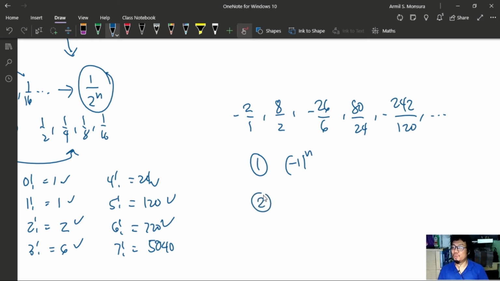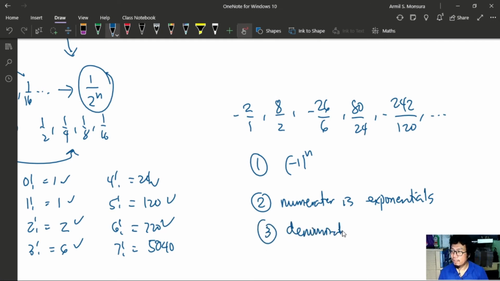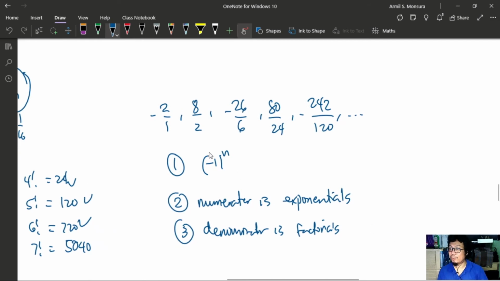Number two, the numerator is a sequence of exponentials. And number three, the denominator is a sequence of factorials. Plainly, it is factorials because 1, 2, 6, 24, 120 is simply n factorial. So we are sure that this is n factorial.